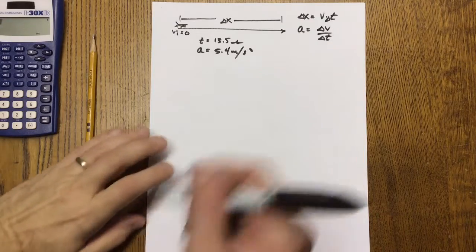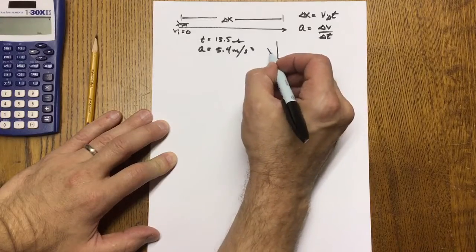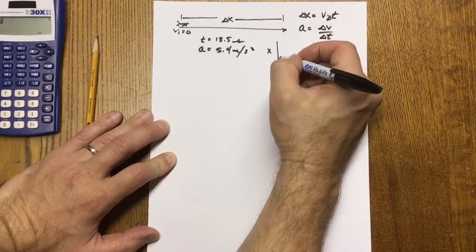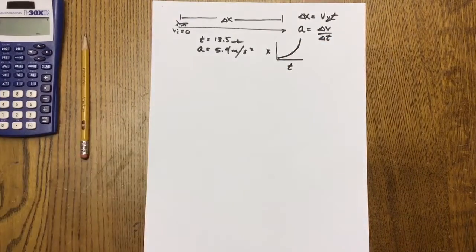And if you remember, we had our position time graphs, and I think I alluded to this just before we left, and that this graph is actually a curve, right? If we're accelerating, the position as a function of time makes a curved graph.